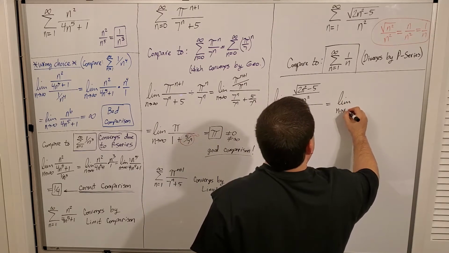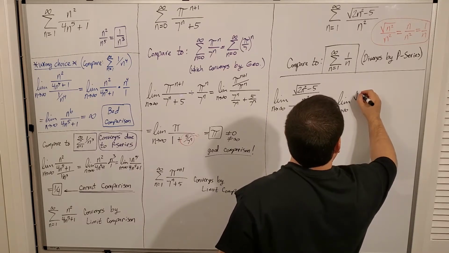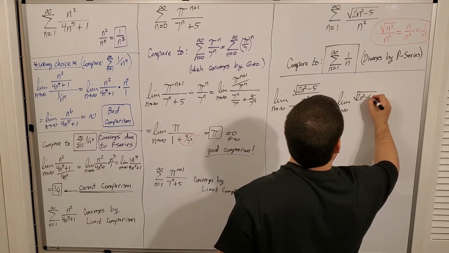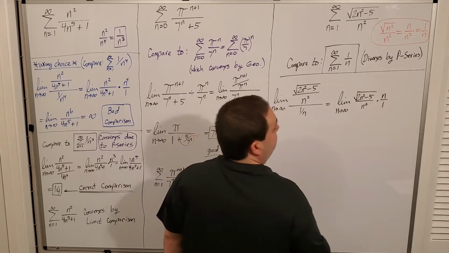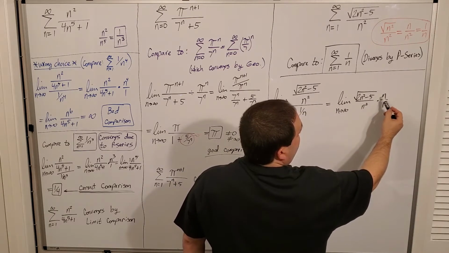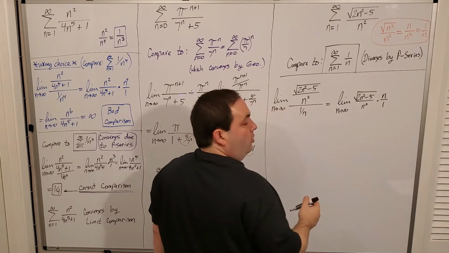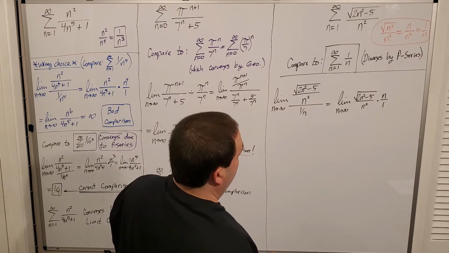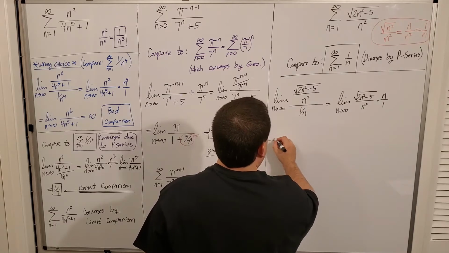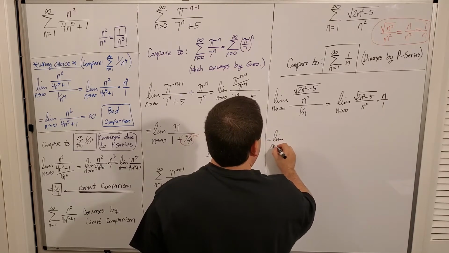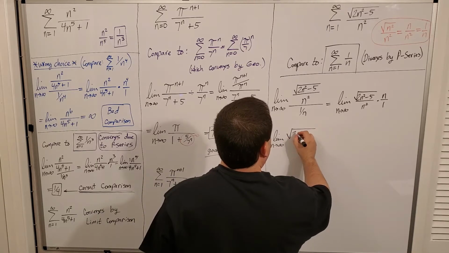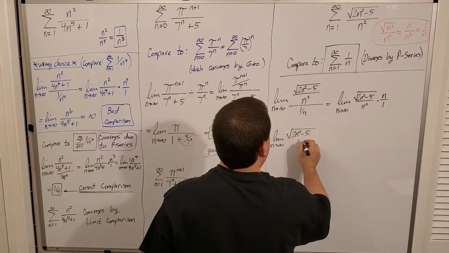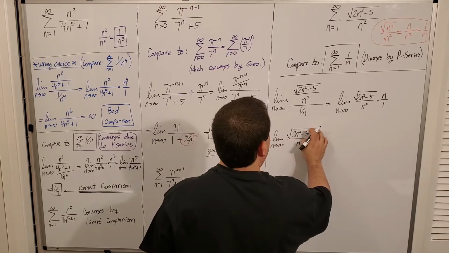Limit as n goes to infinity, 2n squared minus 5 over n squared times n over 1. And these are going to reduce right here. n and n squared have a common term there. So I've got the limit as n goes to infinity of the square root of 2n squared minus 5 over n.